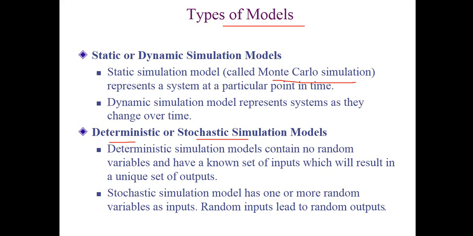In that case we call the model deterministic. But in statistics we use some random inputs. Using random inputs makes the result random too. That means we don't know what the output should be. So in that case we call it a stochastic simulation model. Okay, so we know what a model is, and we say that there are four types of model: static, dynamic, deterministic and stochastic.